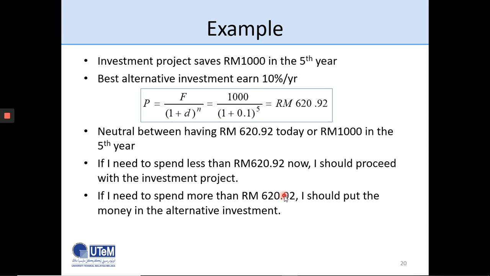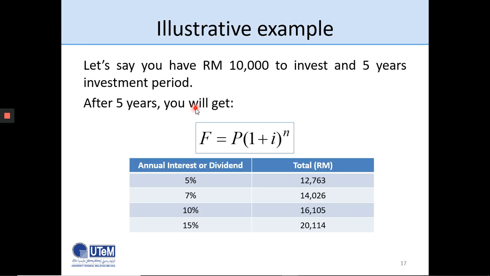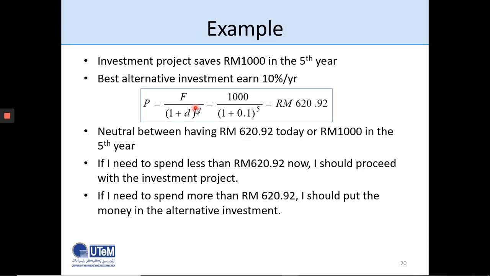But if I put 700 ringgit in the alternative investment, and you calculate using the equation just now, with 700 ringgit as the present value at 10%, you're going to get more than 1,000. So better you put your money in your alternative investment.